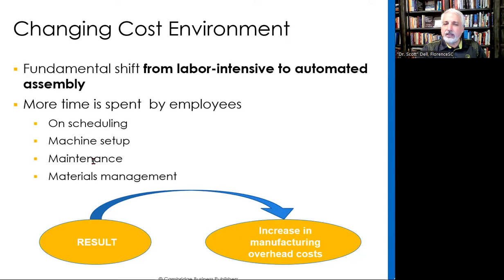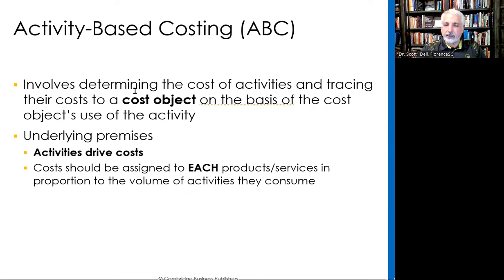For each of these categories, we have a cost per hour, a cost per setup, a cost per pound of material, or a cost per number of material transitions. Those are all costs that we are analyzing. Each of those would be a separate cost object, and all those costs added together would be the total overhead. But instead of using just one basis like direct labor hours or machine hours, we're using a series of multiple objects to calculate the cost, which is a little more calculation intensive, but a heck of a lot more accurate when it comes to projecting overhead costs.